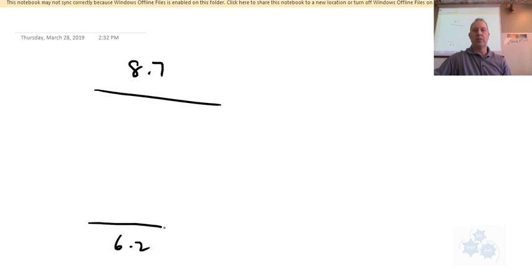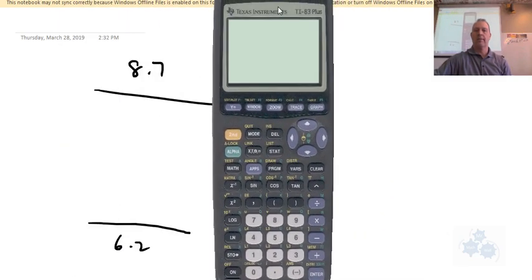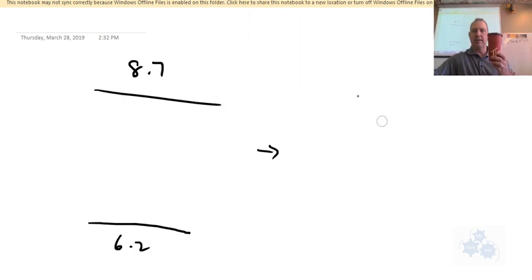What's the average between 8.7 and 6.2? What we do to find the average is add them together and then divide by 2. Add them together, divide by 2. So 7.45. That's the average.